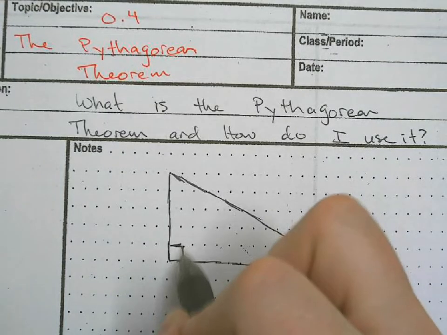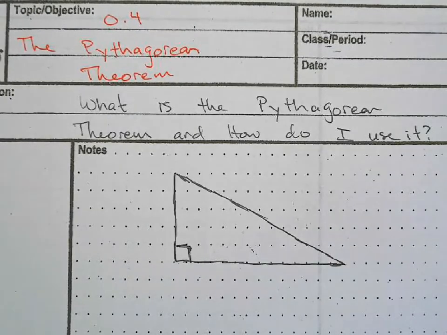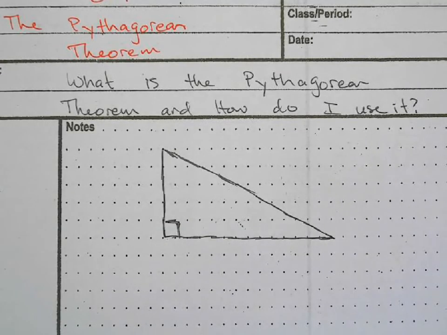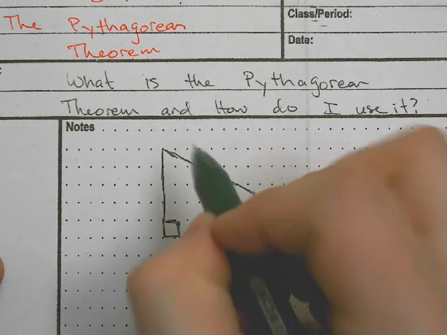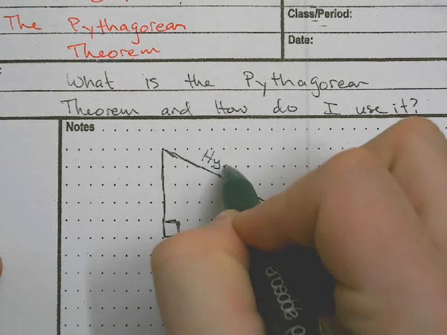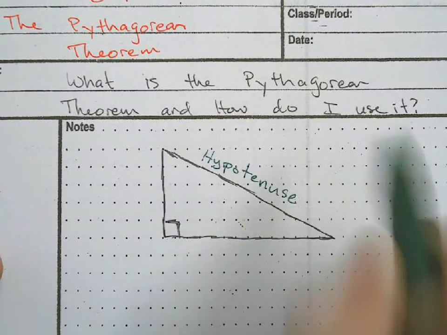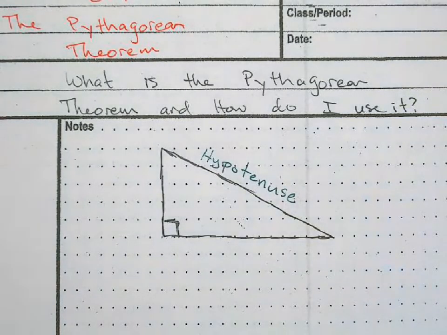We'll put our right angle in there. And we have three sides, but we have two different types of sides. So we have this side called a hypotenuse. And then these sides will each be called legs.